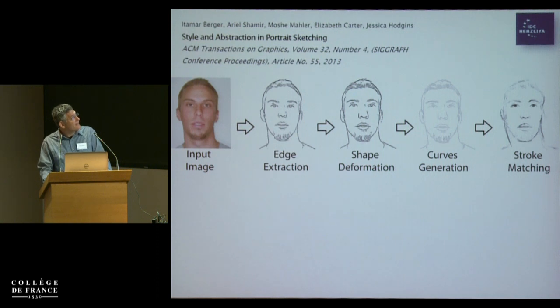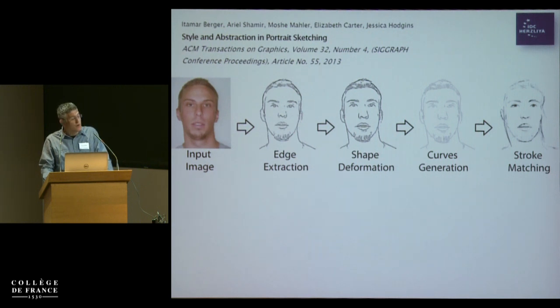And then we create some curve generation. So instead of just looking at the pixels, we're actually converting them to strokes, again, in a similar way to what John was talking about. And then we replace those curves with strokes of the artist. And that's why it looks more or less like a human drew this specific image.